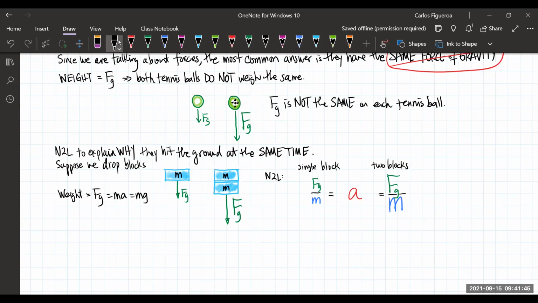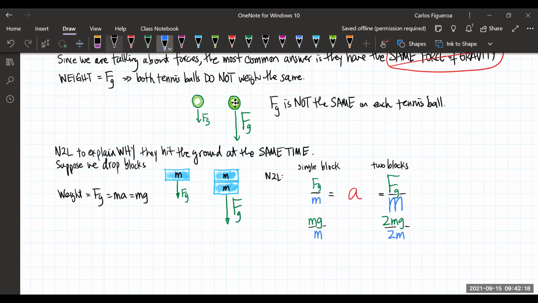So now if I look at the equation for Newton's second law here, I know that the first single block has mg as its force of gravity, whereas the 2 blocks, there's 2 masses, so the weight must be twice that of the first one. And so when we look at this guy here, we then see that this is 1 block, but the 2 blocks has 2 masses.